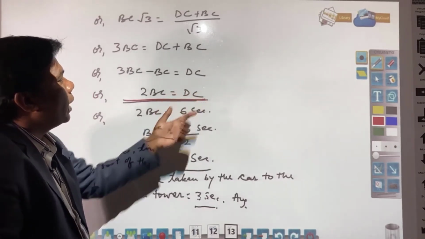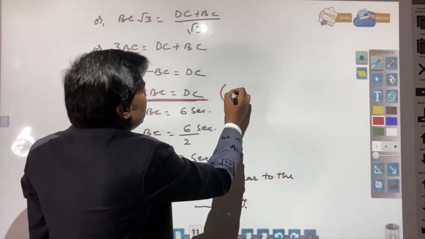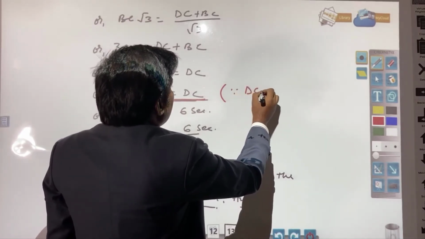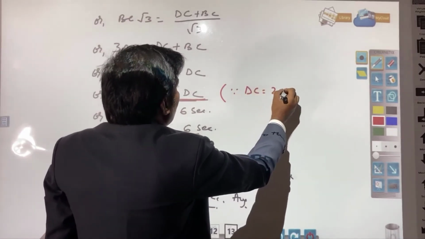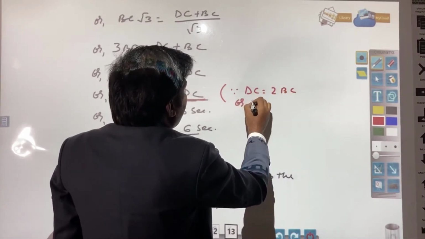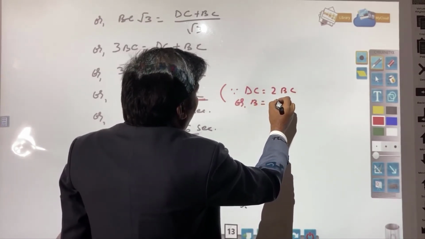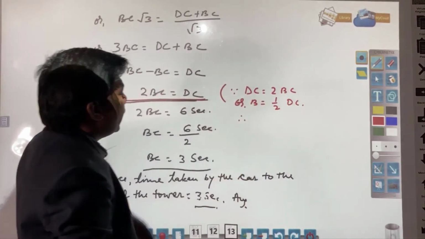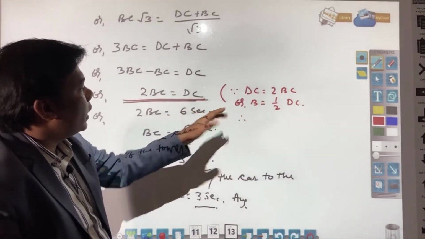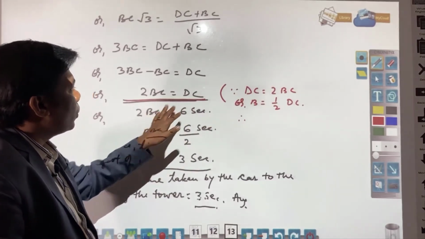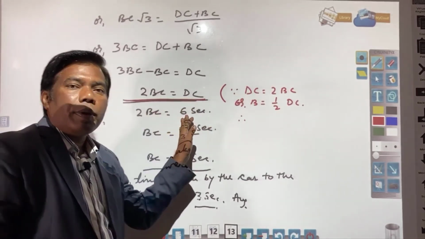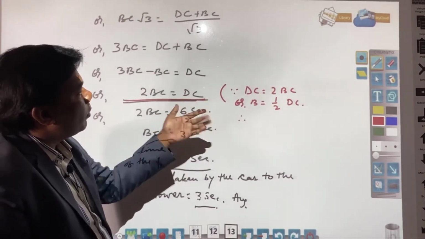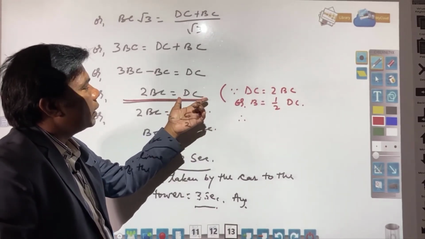So here we can write, since DC is equal to 2BC, or BC is equal to half of DC. Therefore, we can write, if this distance is taking 6 seconds, this is not the value of DC. Don't be confused. This is not the value of DC. It is the time it is taking to cover this distance.